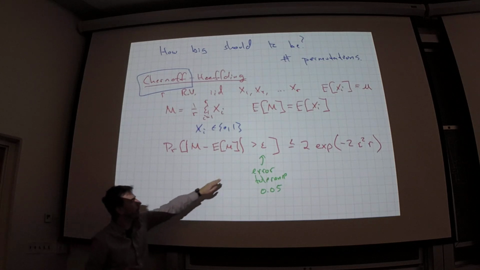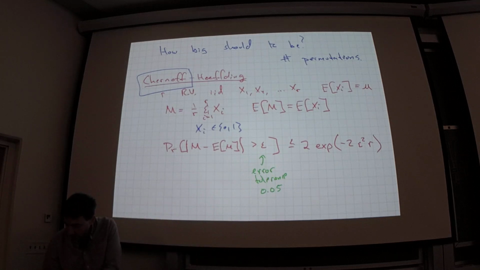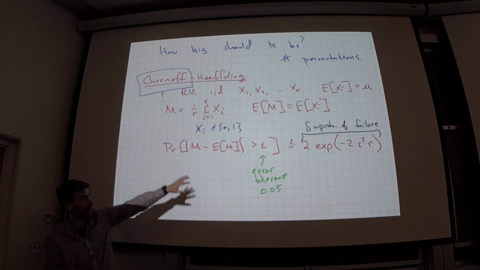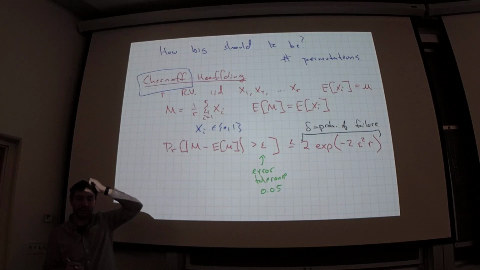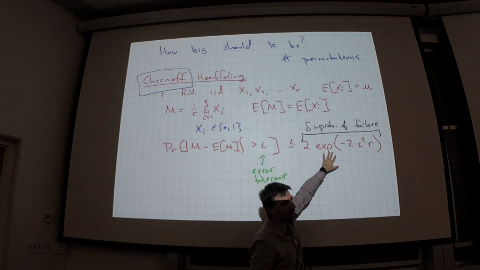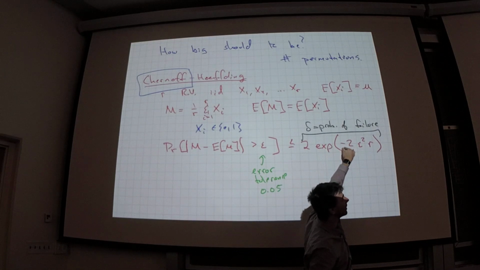And I often call this delta, which is the probability of failure. If you looked at the bonus question, it was asking about using a representation. A different sort of problem, but I want the probability of failure to be small, and this is e to a power which is negative.